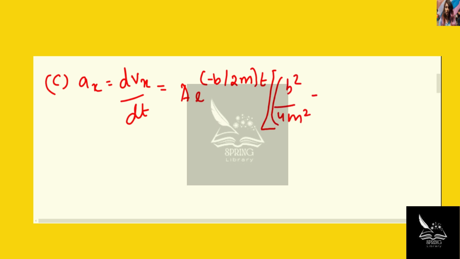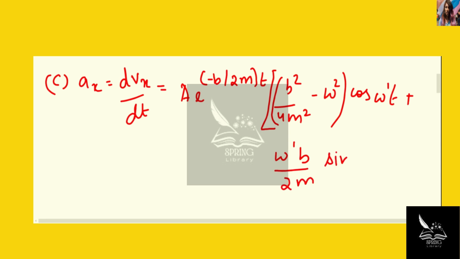That is equal to A e raised to minus b upon 2m into t, open the bracket, b squared upon 4m squared minus omega squared, cos omega dash t plus omega dash b upon 2m sine omega dash t.